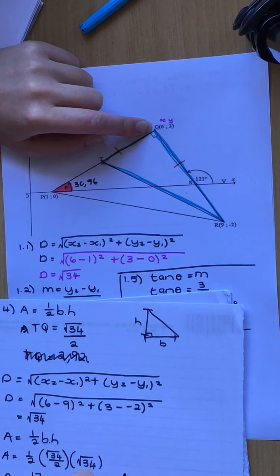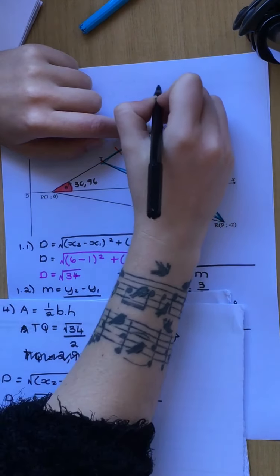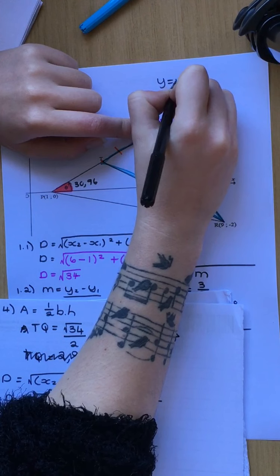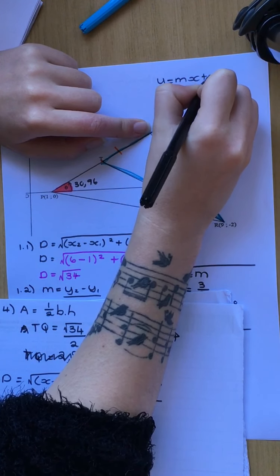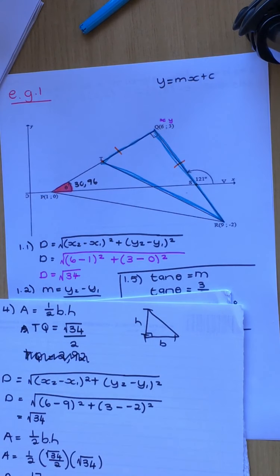Remember, when you have straight lines, the formula is y equals mx plus c. You guys did line graphs in grade 9, I'm sure, so I know you know that formula. So it's y equals mx plus c. So we can work out that formula and then we can make y equal to 0. Trying to think if there might be an easier way.